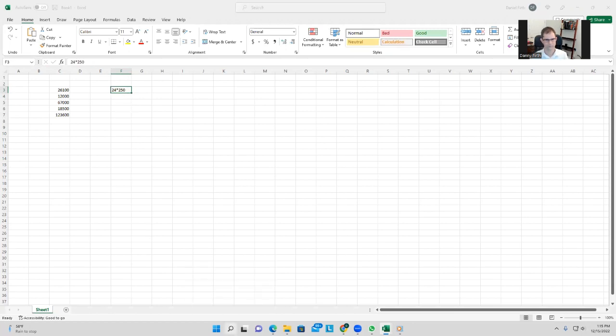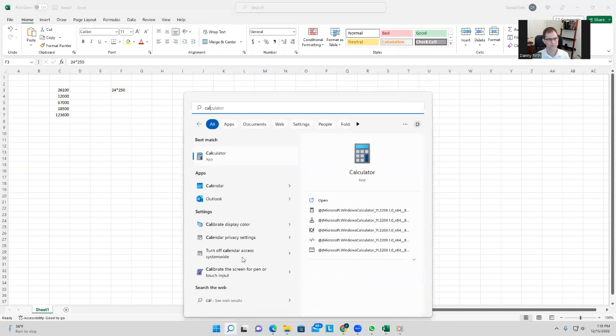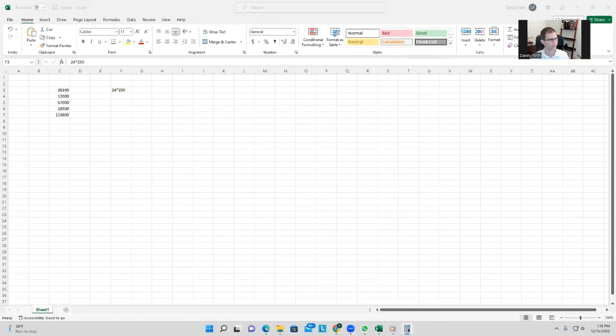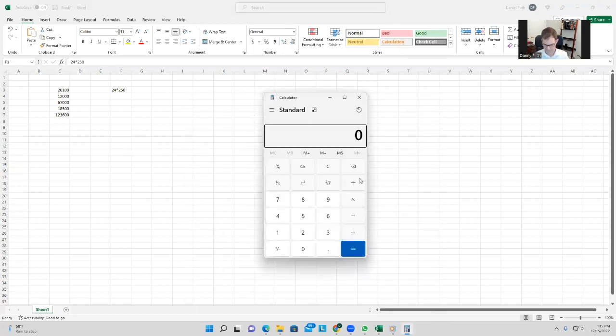Sorry, I'm going to use a calculator because Excel's not really meant for that. So yes, 24 units. And then every month we're going to increase the rent by $250 per unit, roughly.